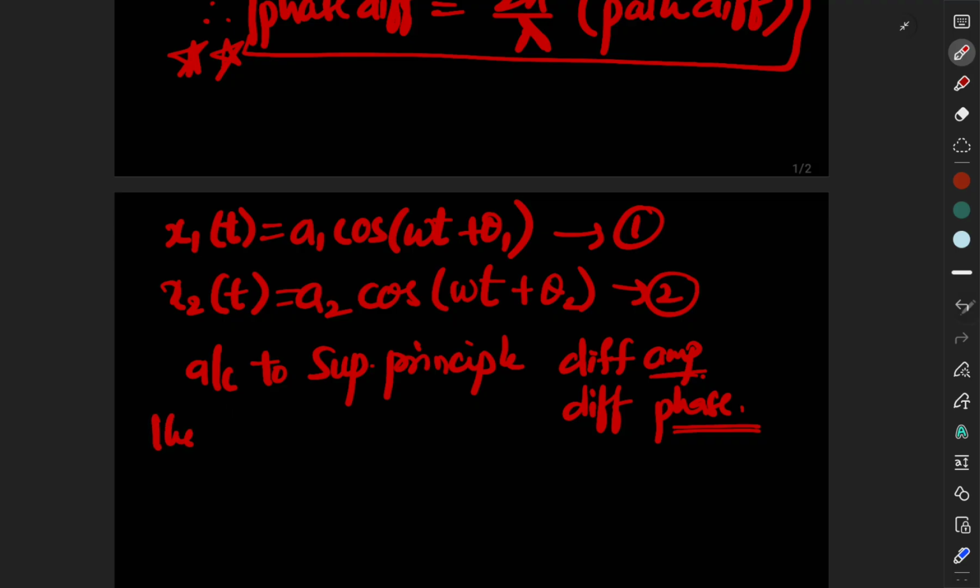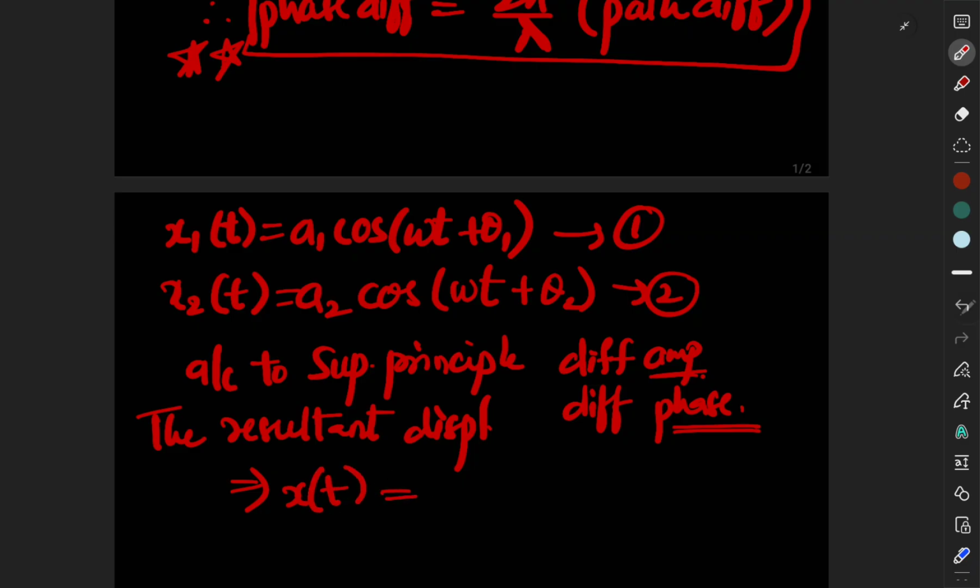The resultant displacement x of t is equal to x1 of t plus x2 of t.